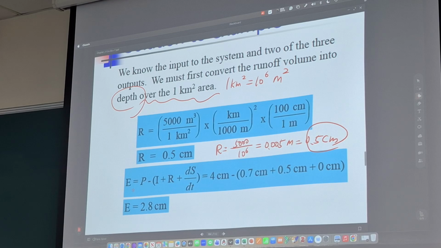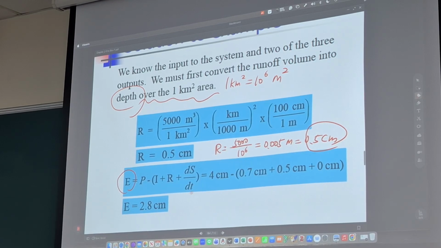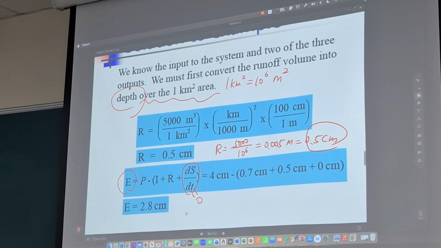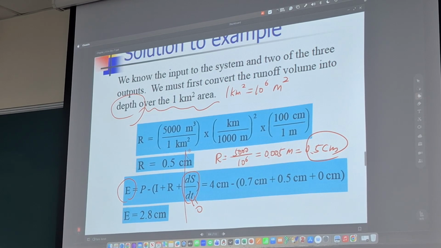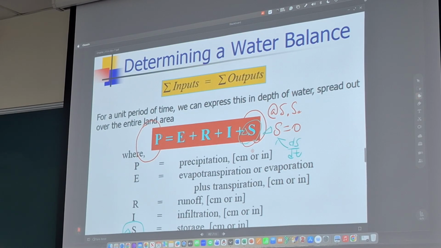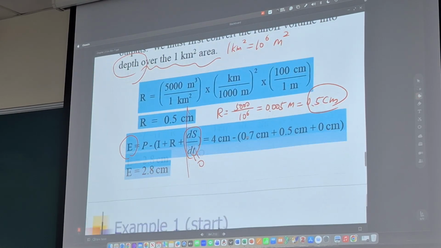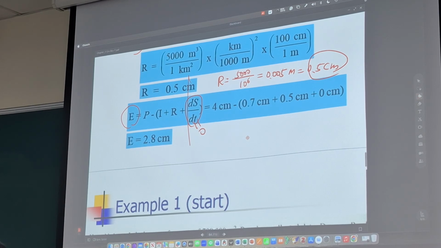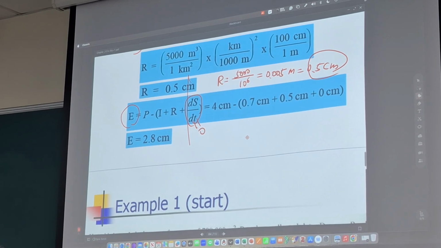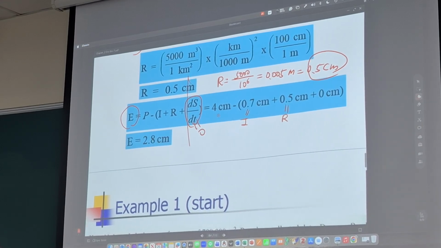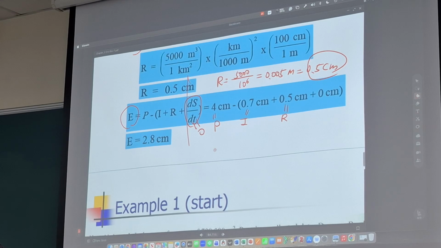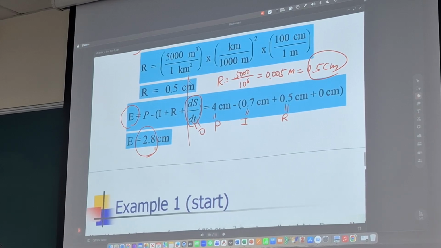Okay, so the E, and this one, dS/dt, is 0, right? I already asked you to change this. This should be delta S, not S. So delta S is 0. So E equals P minus R minus I. I equals 0.7, R is what we just calculated, 0.5, and P is given as 4. So the answer will be 2.8.